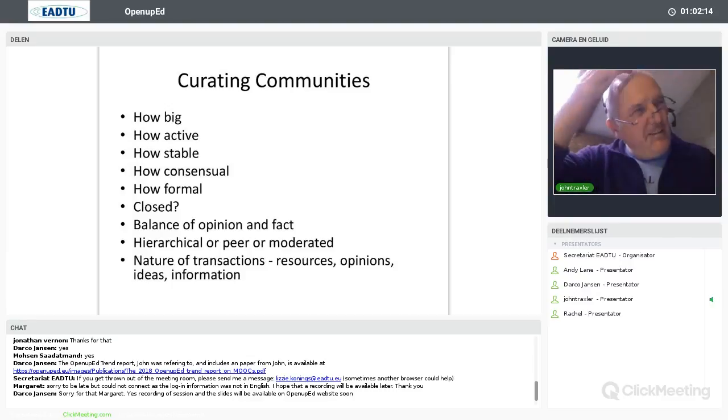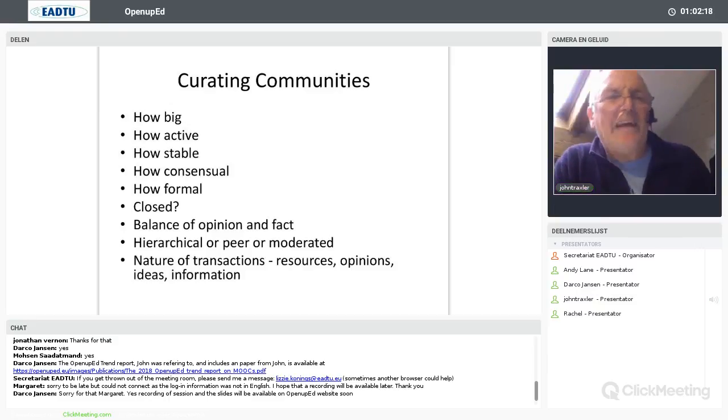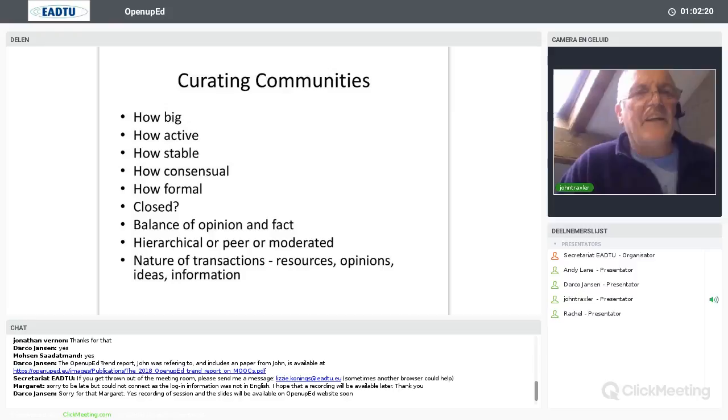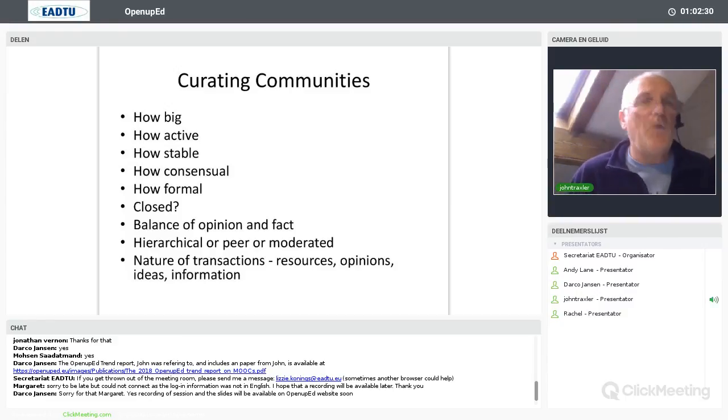And if one was asking what does open mean, it might mean accessing other content, but it might also mean accessing other communities. And I worry, certainly in formal higher education, that that's exactly what we're not doing. We're building a paywall around our content, and we're building a paywall around our communities.